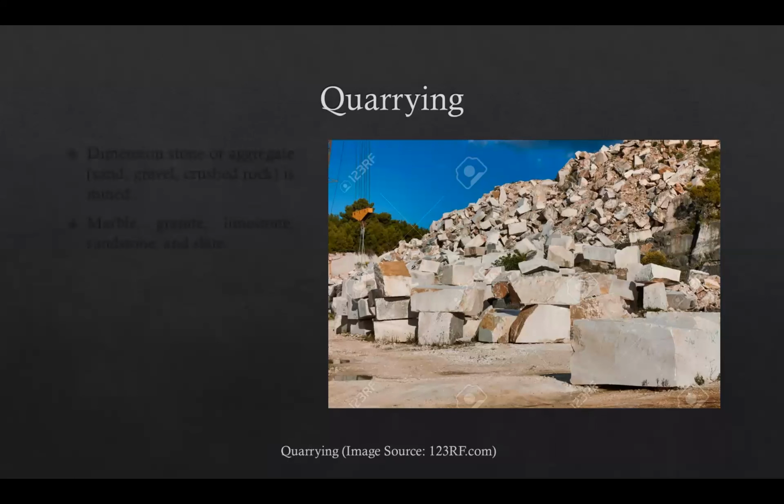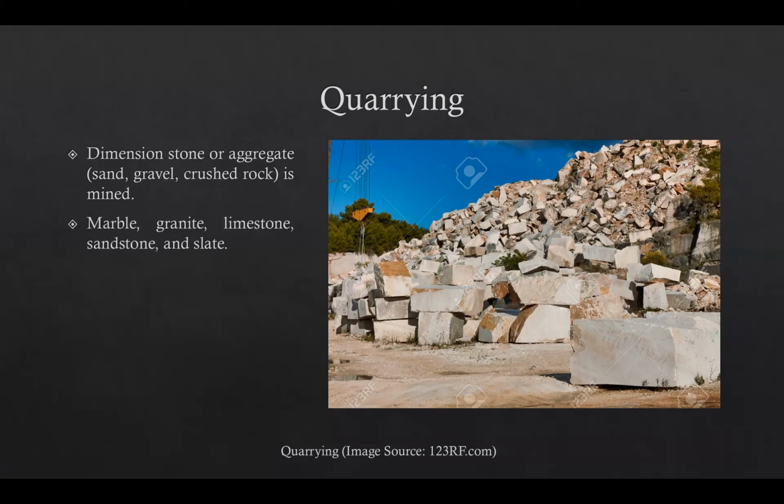The last excavation method in mechanical excavation is quarrying. It is used for dimension stone or aggregate mining, which can include sand, gravel, or crushed stone. And the products of dimension stone quarries are prismatic blocks of rock such as marble, granite, limestone, sandstone, and slate.